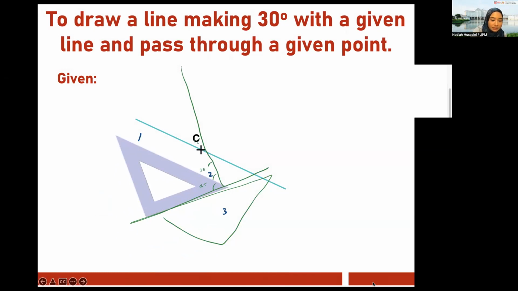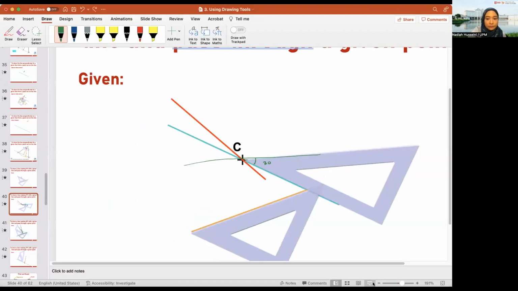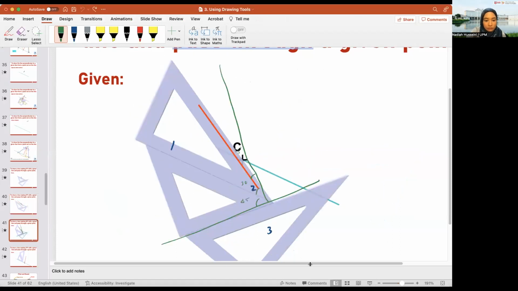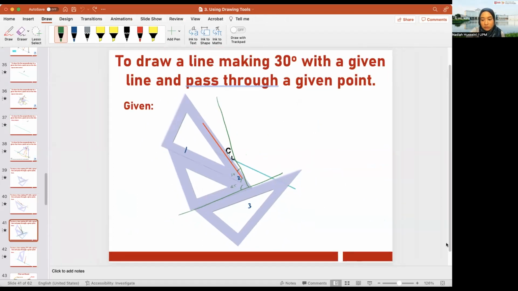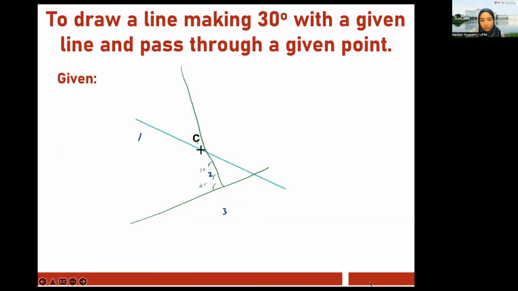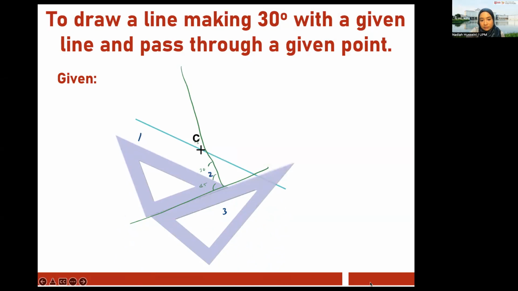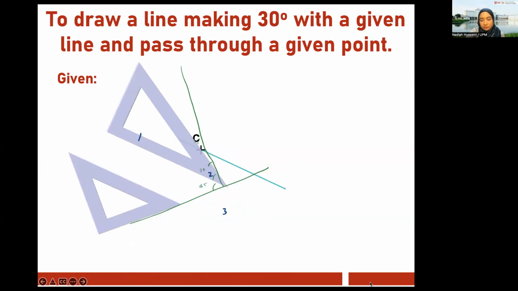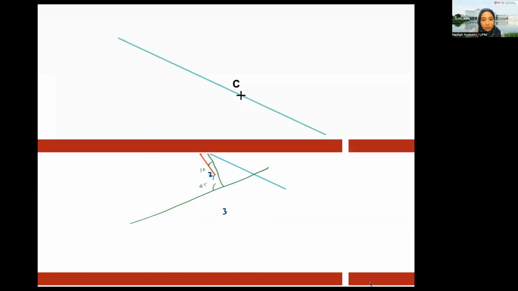Macam salah gambar ni. I messed up my PowerPoint. Okay, tapi 30 degrees is easy lah. Pakai triangle je lah. Tak payah tengok visual pun tak apa.